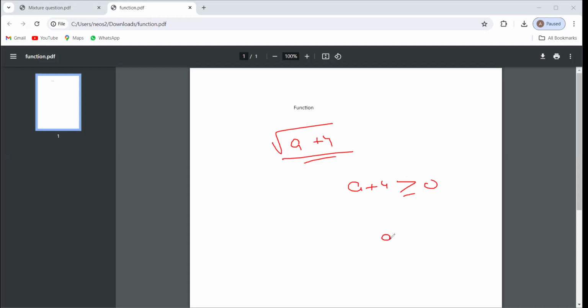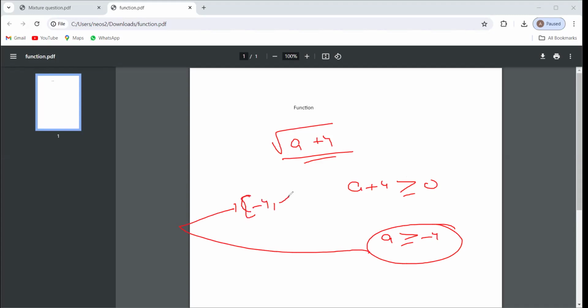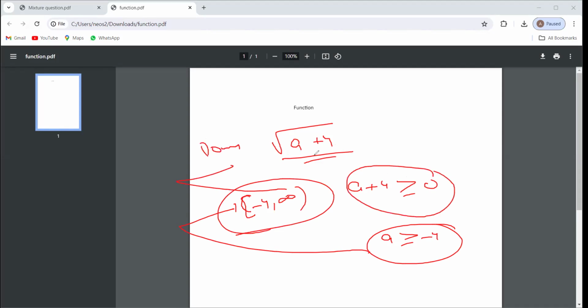The answer will be minus 4 to infinity. Why? Where did this condition come from? Because under the root you cannot have any negative number. Clear?